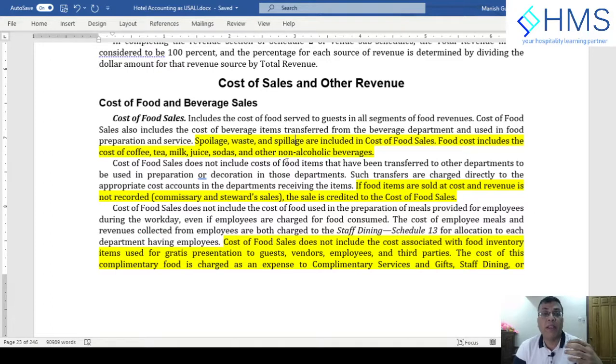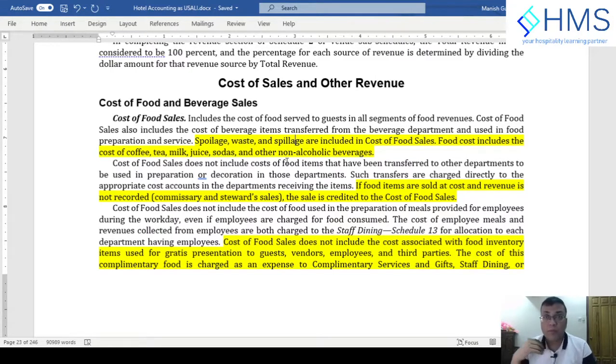Usually at the end of the month, the cost controller of the hotel or the finance department will track down all the complimentary things, the meals taken by the staff, or the items which have been transferred to the other departments, and credit out the consumption from the F&B department and charge to those departments at cost. So there is no profit involved in it, but there is normally a cost.